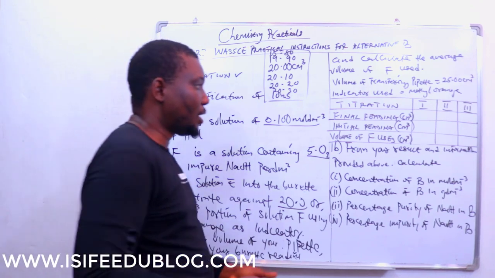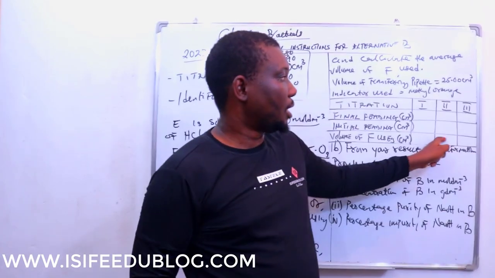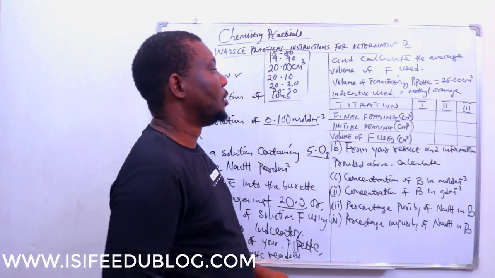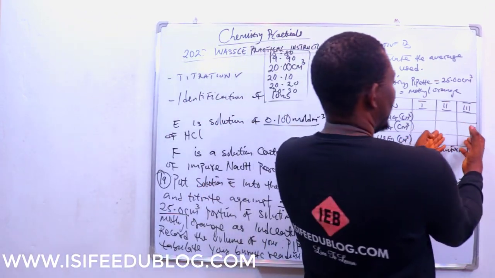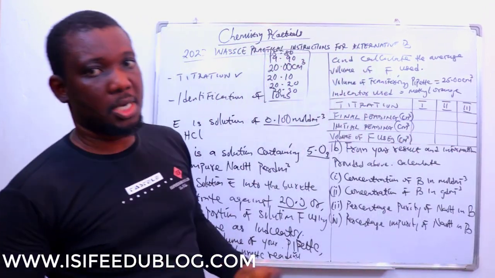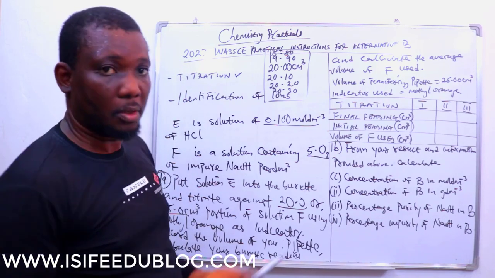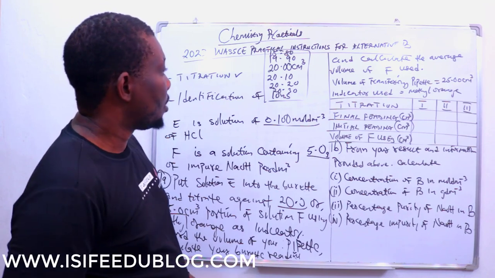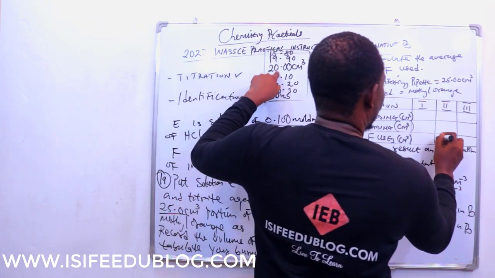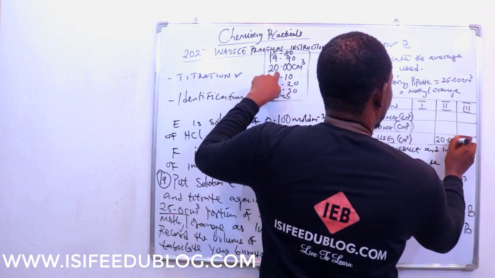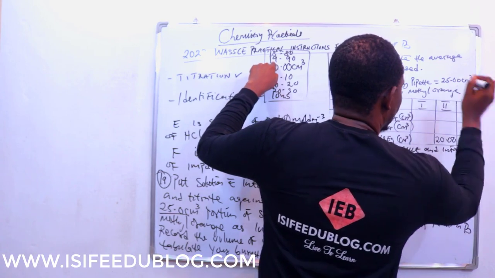I want to use this as my average volume, so I'll do everything possible to make sure that the values here are consistent, concordant. Whichever you want to use to affirm that concordant, consistent is okay. So I'm going to be using this 20.00 and then 19.90.